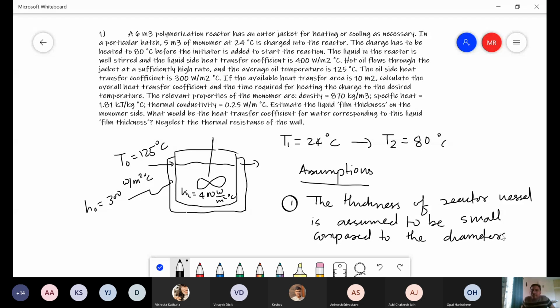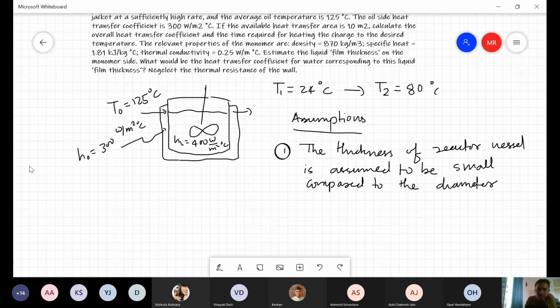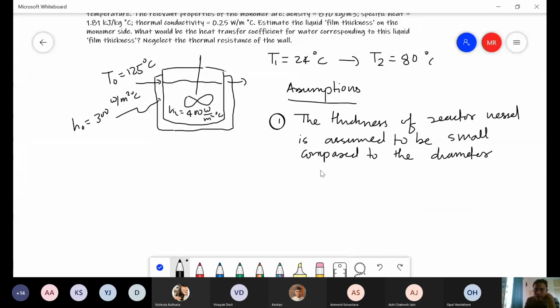So basically the thickness of this metal wall we are assuming negligible compared to the radius. What this gives is that, with this assumption, Ri, the inside radius at the metal wall, and Ro are the same.